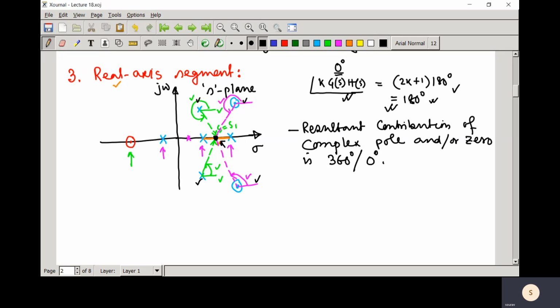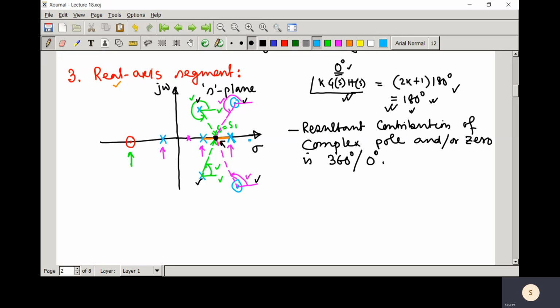But we have seen that if it has complex conjugate poles or zeros, its contribution is 0 degree. So we need actually 180 degree to satisfy it. So let us see what happens.